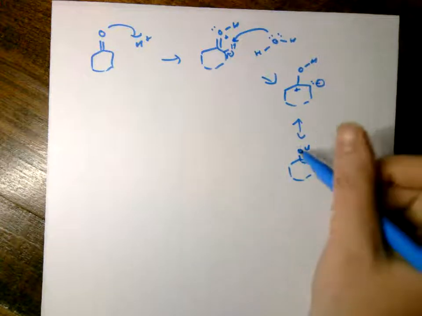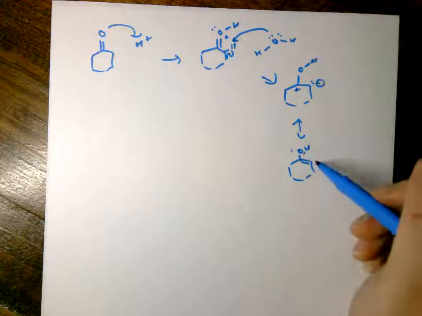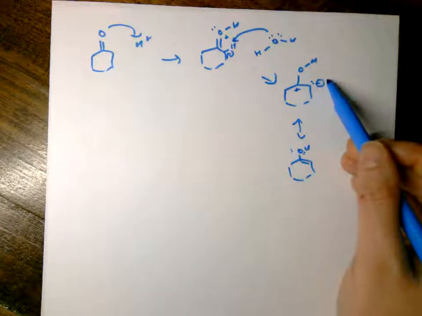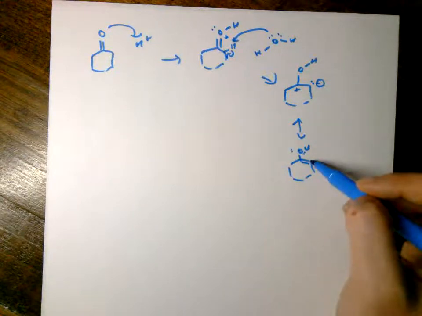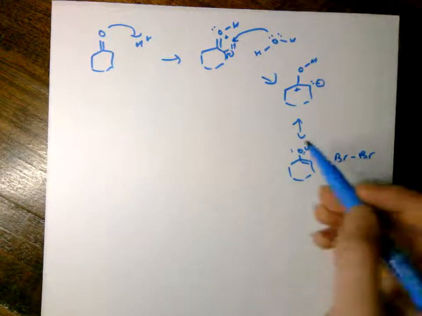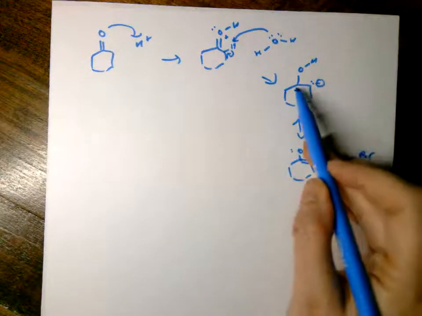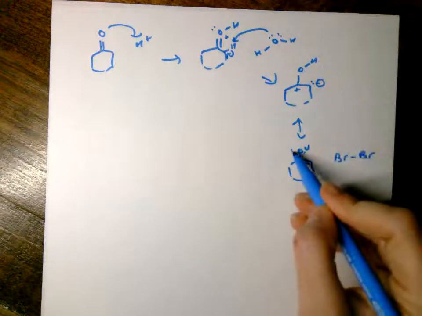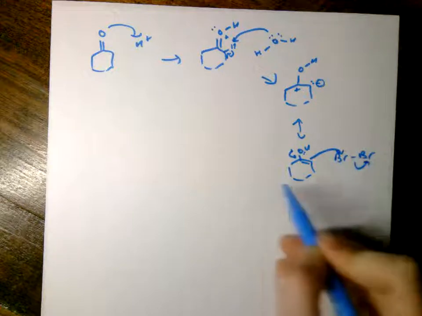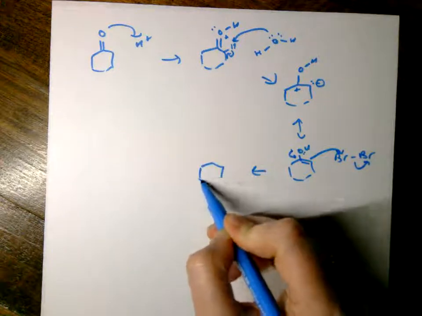Okay, so the thing that we've seen over and over is the negative charge right here attacks. In this case, drawing it attacking from there doesn't make as much sense as drawing the double bond as the attacker. That's why I kind of drew both of them for you. I do favor the other one, but if you have a positive charge next to it, it doesn't make sense. So this comes back down, and then this double bond attacks the bromine, and this breaks, and you get your alpha halogenation.